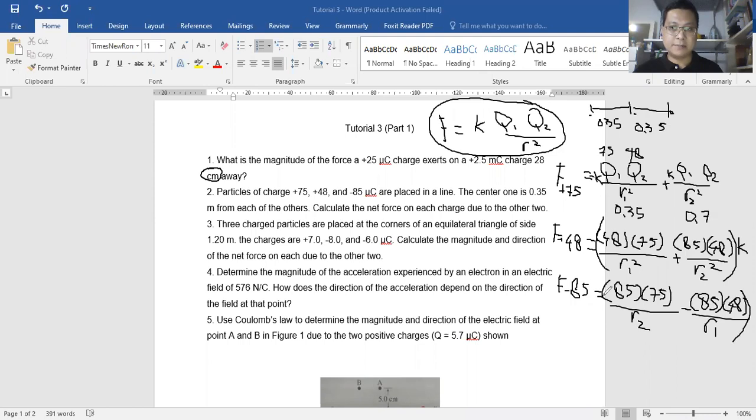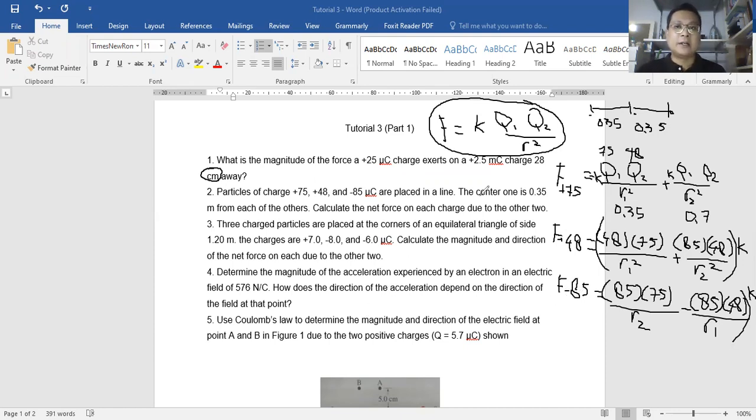This one times K. Okay, now you get the resultant, just the sum of the F. So this one F75, this one F48, this one is F negative 85.